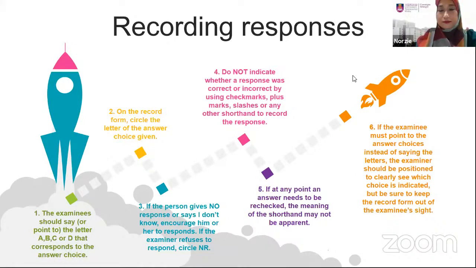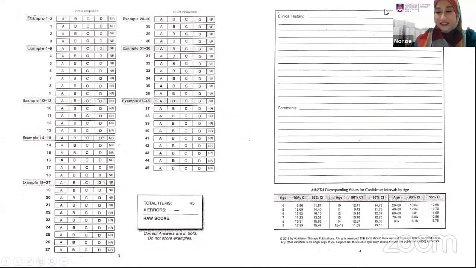Next. Okay, ni contoh dia kan? Contoh apa tu record respon yang ada dalam record form. Okay. Boleh nampak tak? Sebenarnya kalau you tengok betul-betul dekat record form tu dia ada bolded letters.